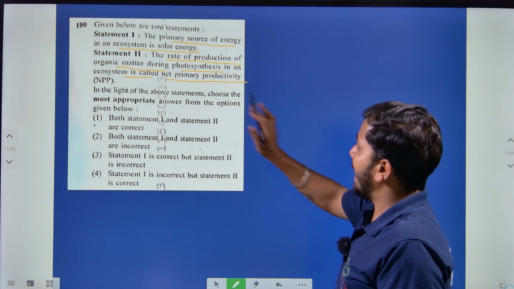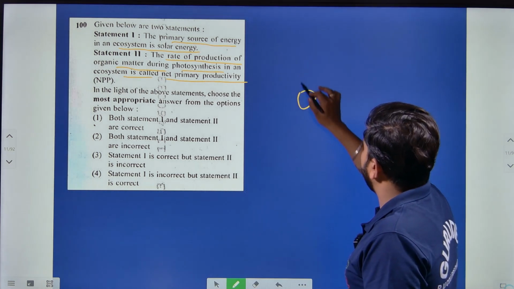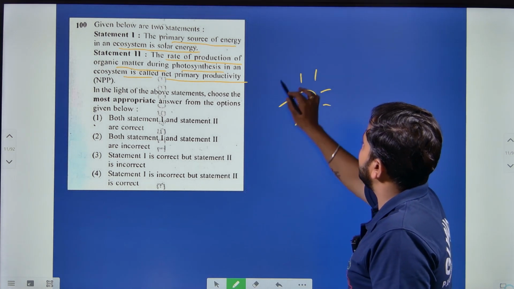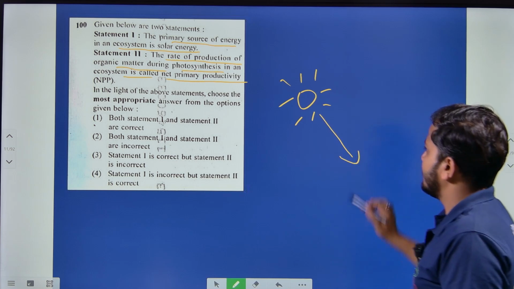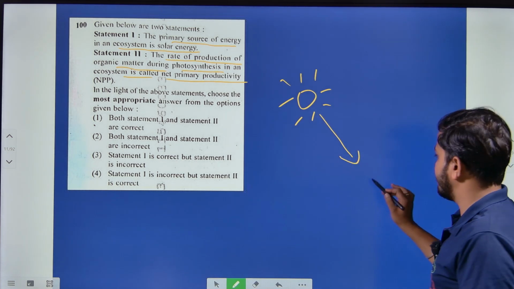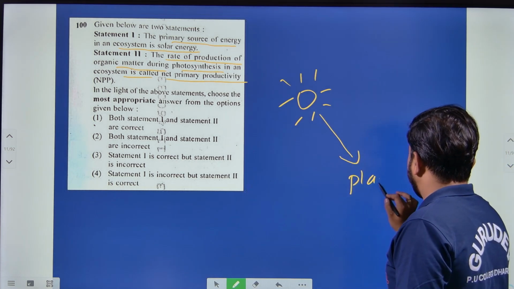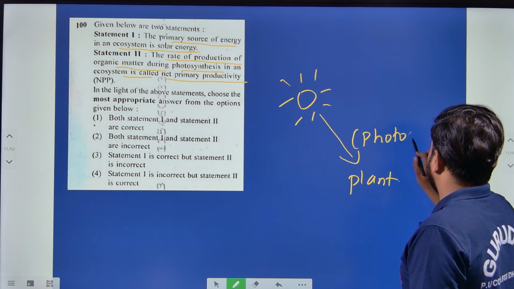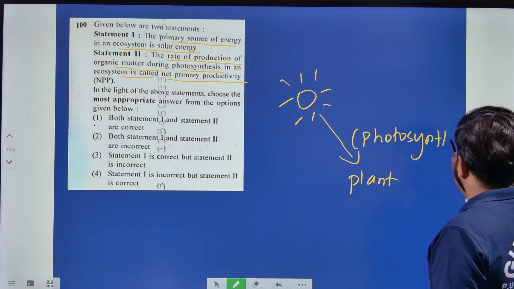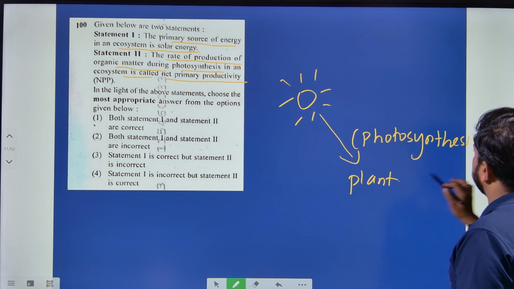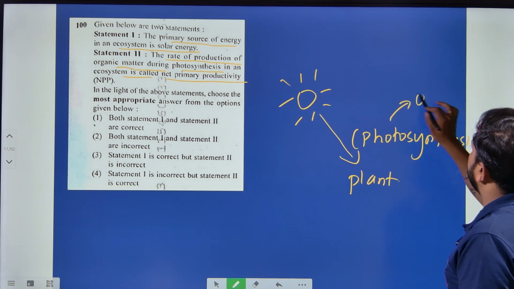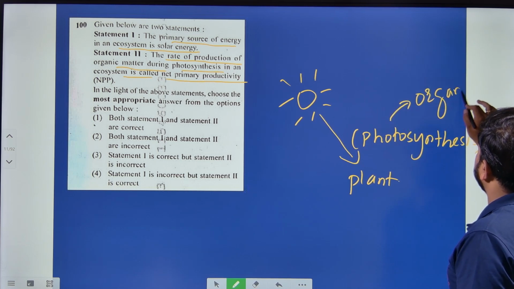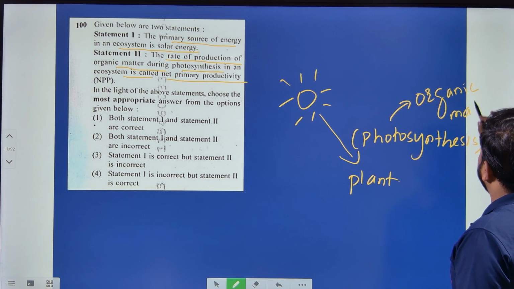As we know, the sun itself is the primary source of energy. The sun's energy is trapped by plants through the process known as photosynthesis, and with respect to photosynthesis, it produces organic matter.